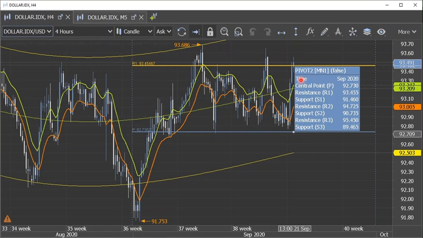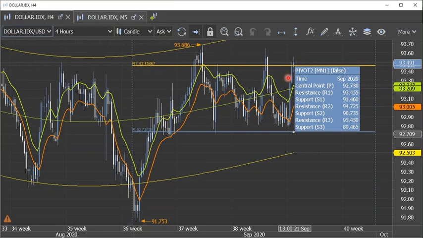I feel we should now be looking at the second resistance of this month, and that is almost more than 1 percentage point away.